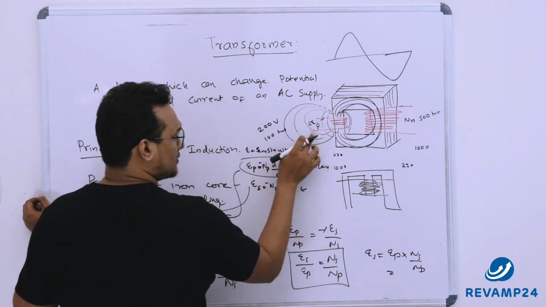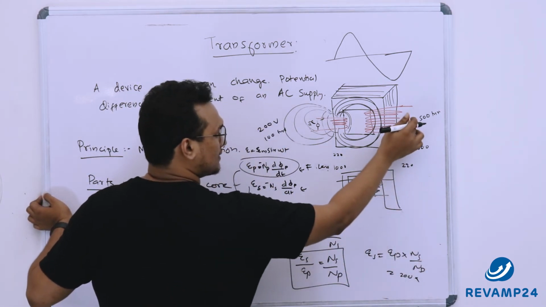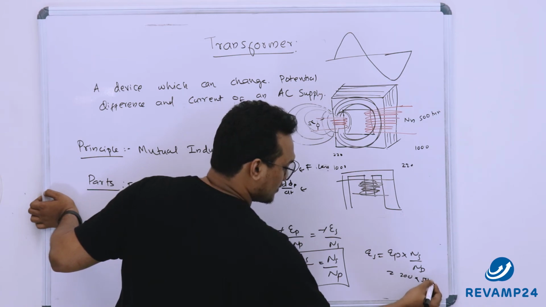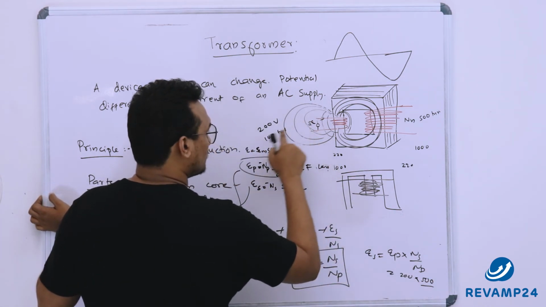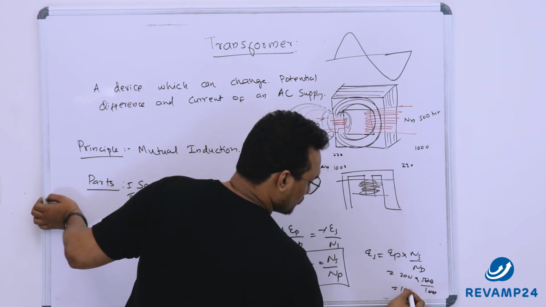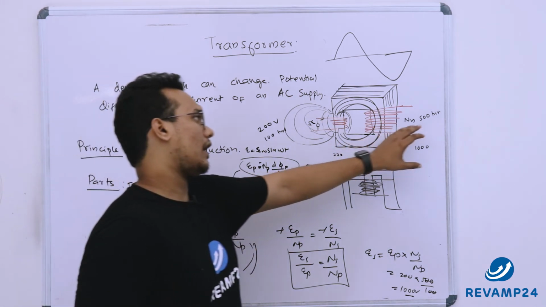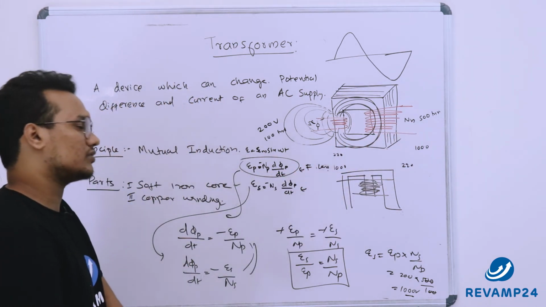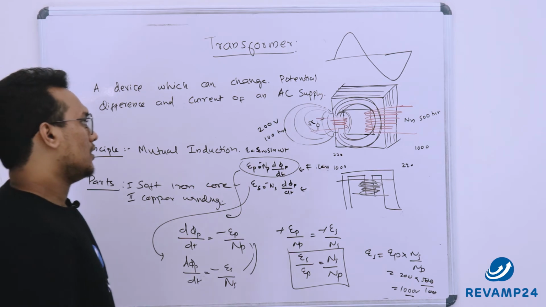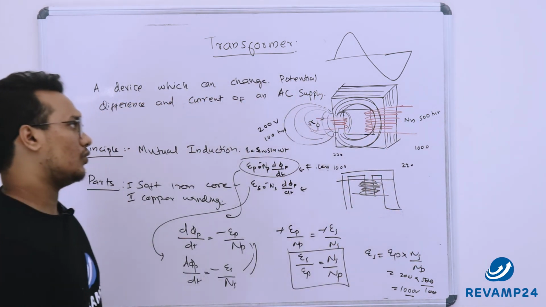Ep is 200, Ns is 500 turns divided by Np, 100 turns. So this value will be 1000 volt. When I have given 200 volt, I have got 1000 volt in the output. Now if I give 1000 here, that will deliver 200 here.